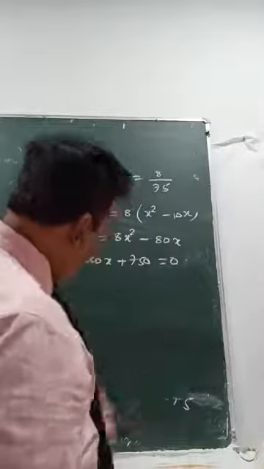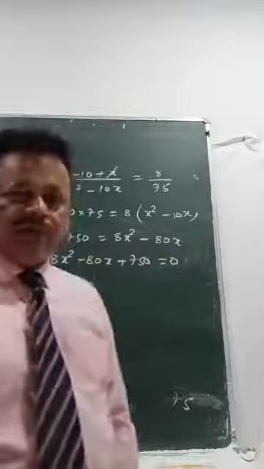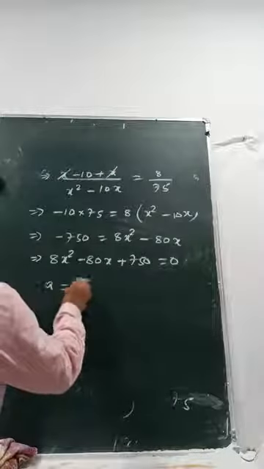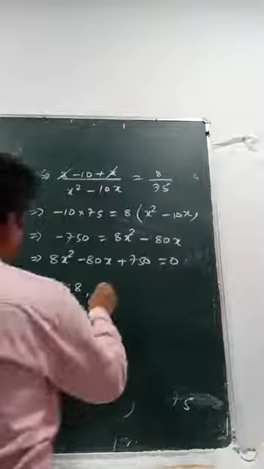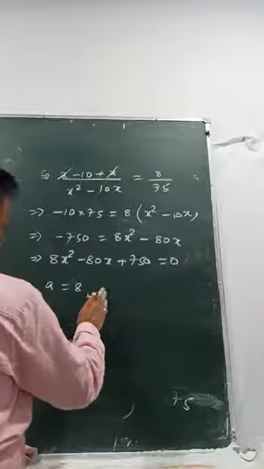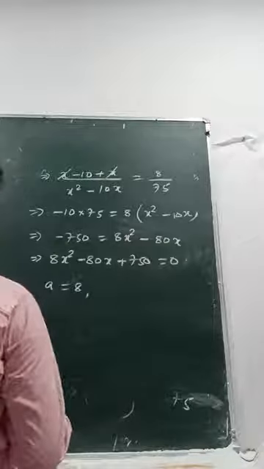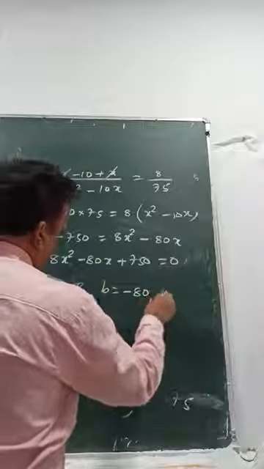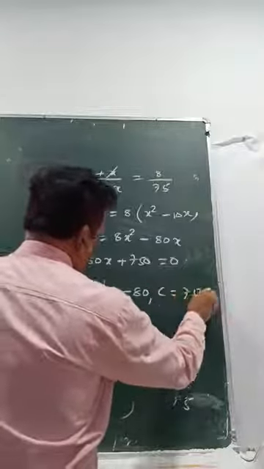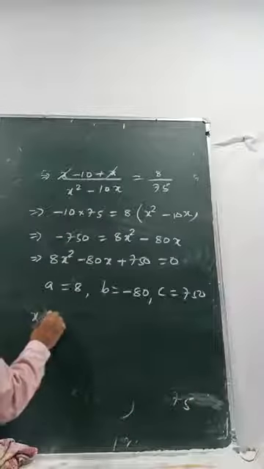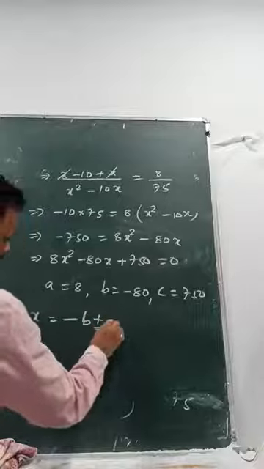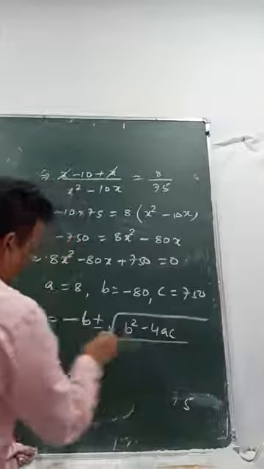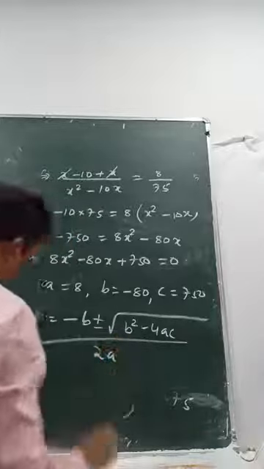So when the numbers are big, try to solve using the formula. So a equals 8, b equals minus 80, c equals 750. x equals minus b plus minus square root of b square minus 4ac by 2a.